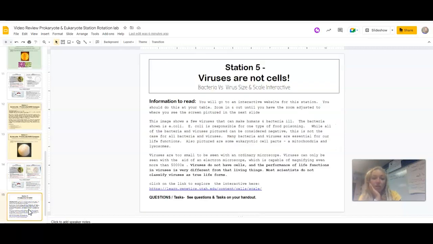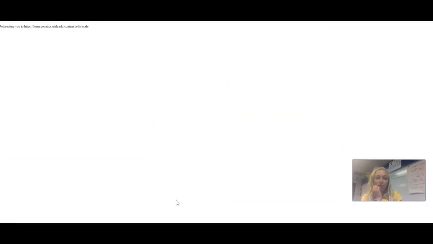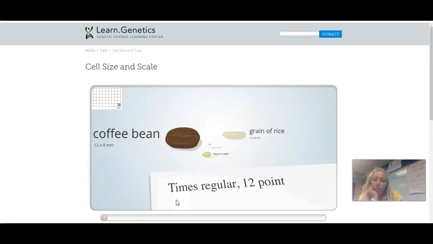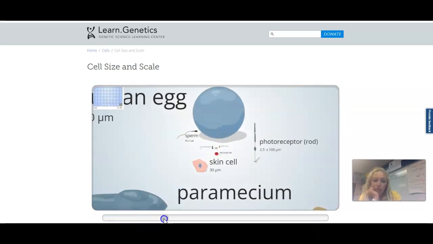Your final station was an interactive, and you just needed to click here and make sure that you read this information in order to answer the questions. So this link right here would have taken you to the interactive. I'll go there for a quick second. And what you were doing was just zooming in here to a specific spot.